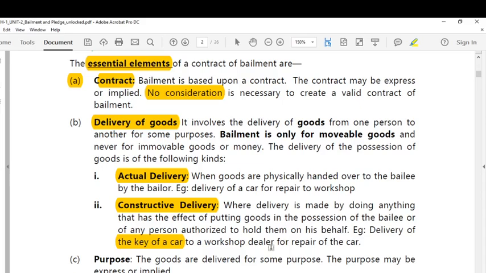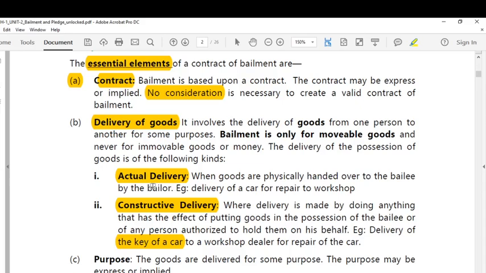If you give the car for repair to the dealer, then it is an actual delivery. Instead of giving the car, if you give the key of the car, that could be called a constructive delivery, right? So delivery of goods could be of two kinds. One is the actual delivery and the other one is constructive delivery.